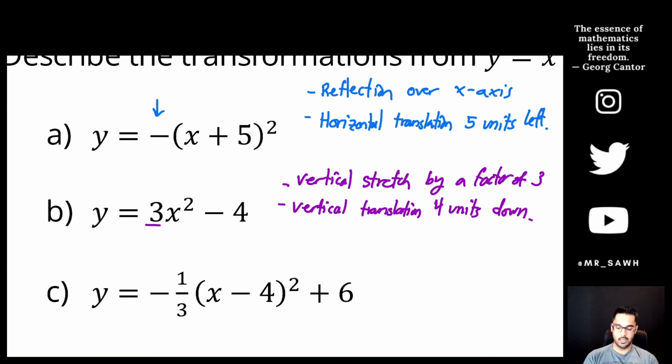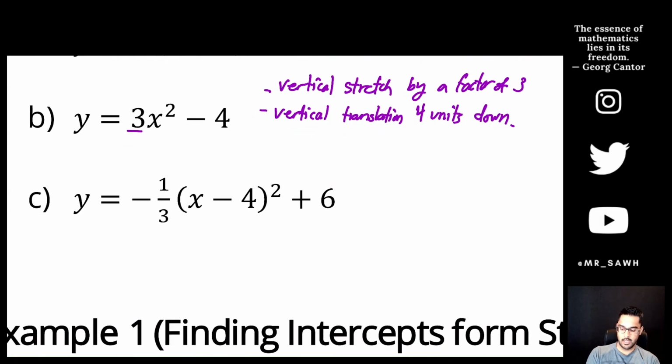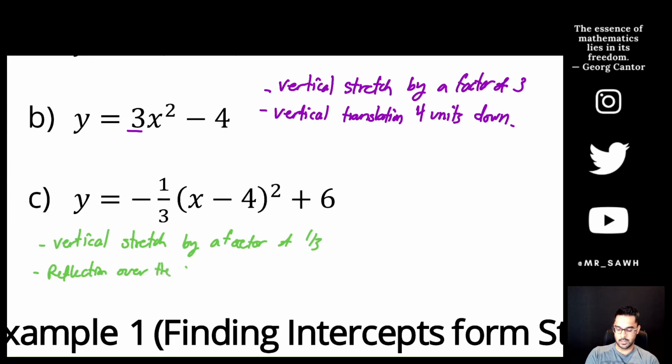For C, the last one, we've got a bunch of things happening all at once. So stretch first, we've got a vertical stretch by a factor of 1/3. There is a reflection as well. So reflection over the x-axis.